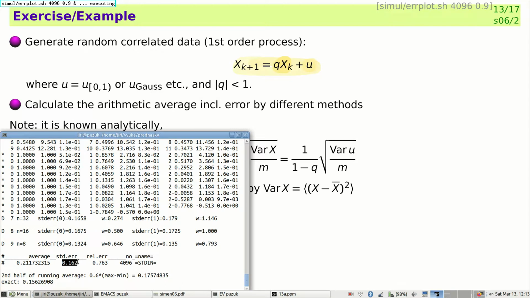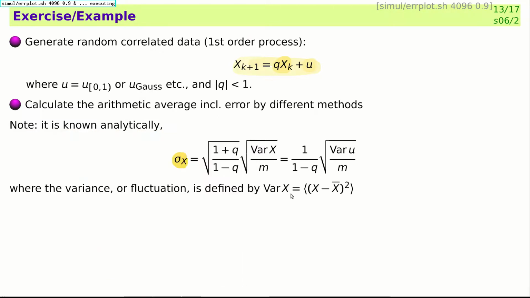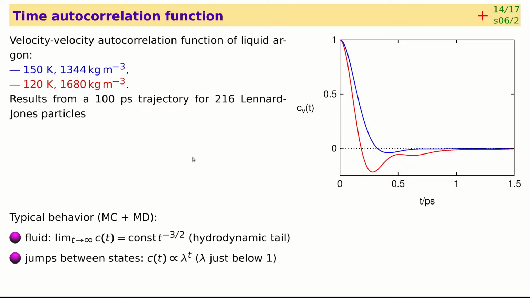Here one method gave pretty close. Both estimates, this one estimates a real value, so one estimates it quite well, and from the second half of the average we got a bit more. Okay, so that was an example of a method for correlated data.